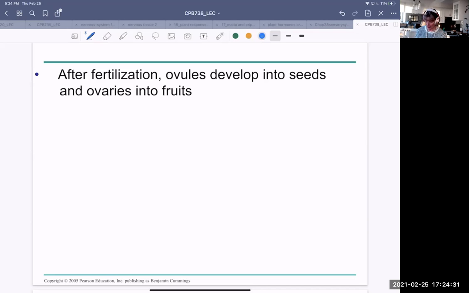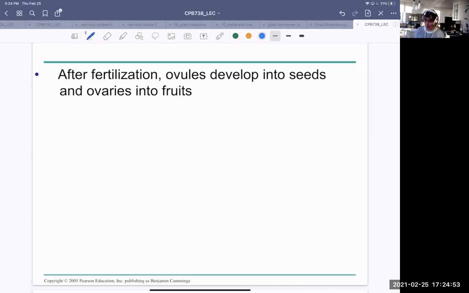So now we are moving on to what happens after fertilization. The pollen tube is formed, it's moved down the tube, attracted by calcium or another chemical that's exuded by the synergistic cells, and then the sperm travel down that tube.